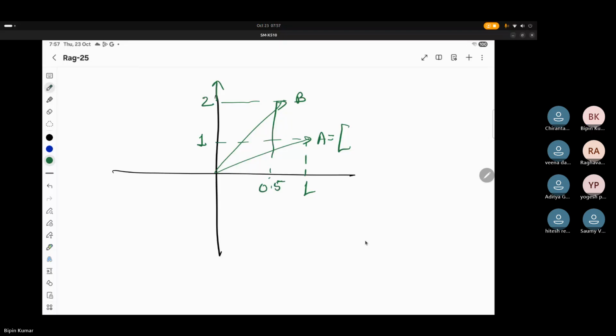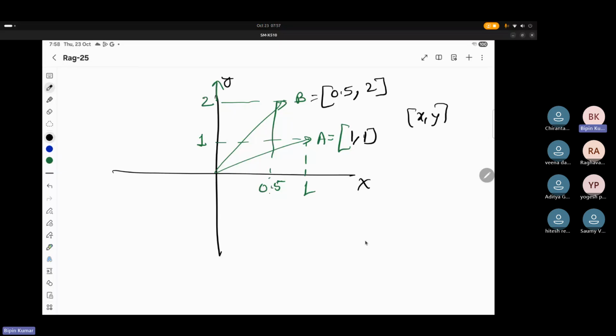Now vector a we basically represent as x comma y. So this is x and this is y. So a will be 1 comma 1: the x value is 1, the y value is also 1. For b, the x value is 0.5, the y value is 2. So b will be 0.5 comma 2. So these are two vectors.